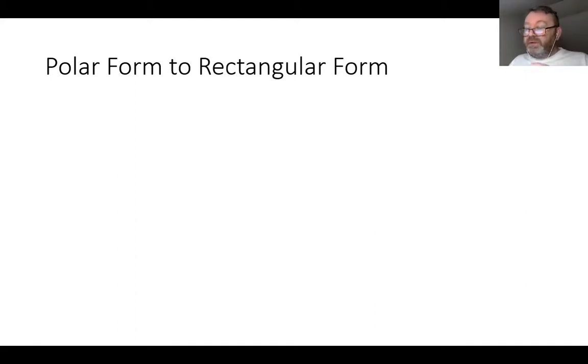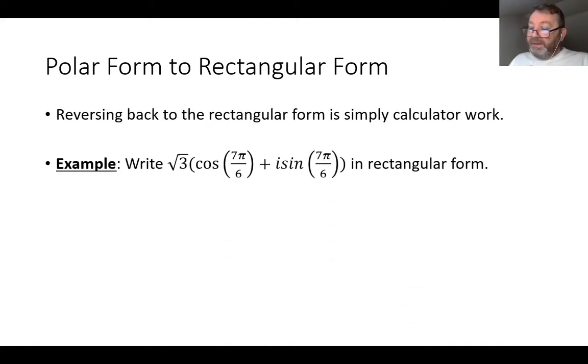So if they give you something complicated like this, for example, write root 3 cos 7 pi over 6 plus i times sine 7 pi over 6 in rectangular form. You write down root 3 and then you go to your calculator and ask it, what is the cos of 7 pi over 6?